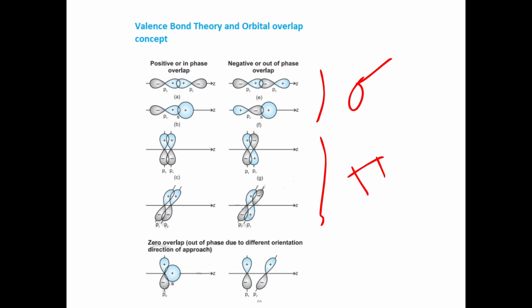These are examples of the sigma bond. And this is an example of the non-bonding molecular orbital, where the positive phase simultaneously overlaps with the positive phase and the negative phase. So it is a non-bonding orbital.